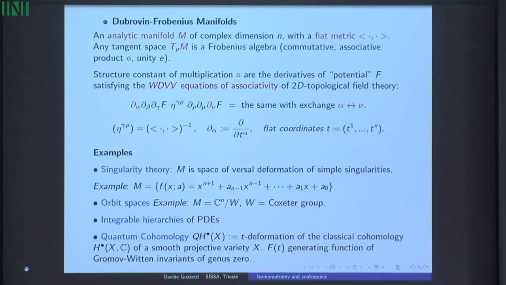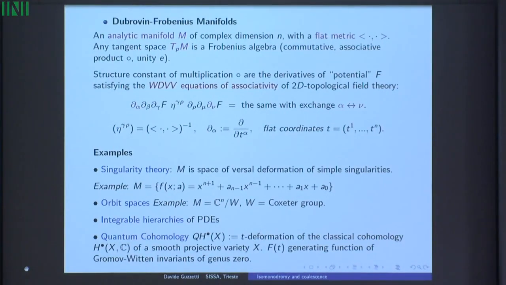And this function is important because it is the generating function of some invariants, which are Gromov-Witten invariants, namely some numbers which properly count the number of curves or cycles which intersect in proper ways in the variety X. So there are several applications.